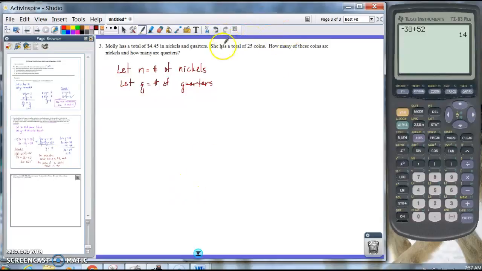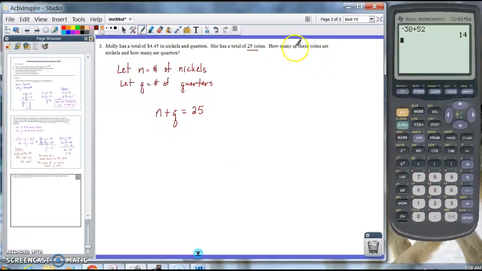When you're dealing with a money problem like this, a number of coins, one of your equations represents the number of coins you have. The other equation represents the amount of money you have. So I know that the number of nickels plus the number of quarters has to equal 25 because I have a total of 25 coins.